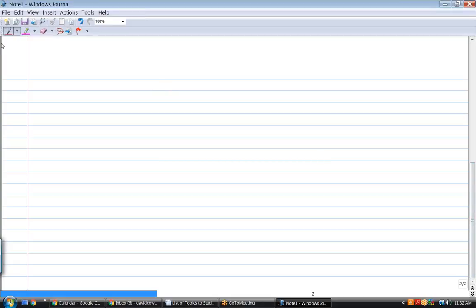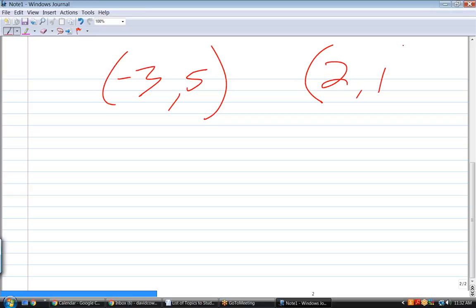All right. Now that we know slope, let's do a basic problem. Give me the slope between these 2 points. Okay, hold on. Give it to me as a number.